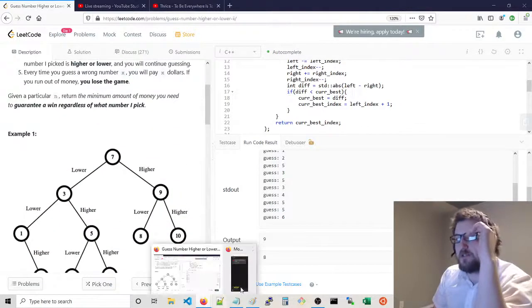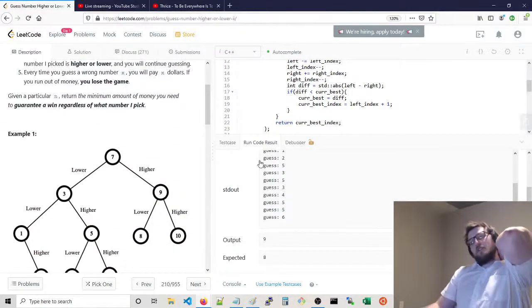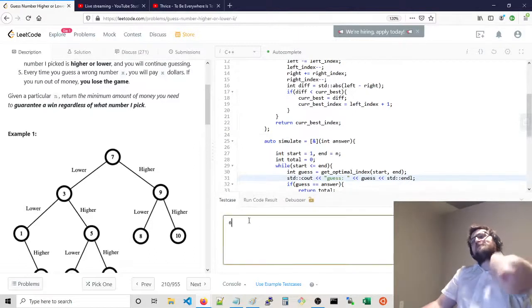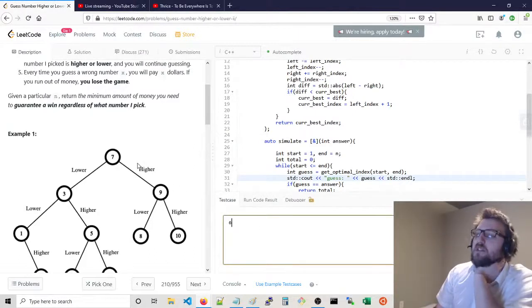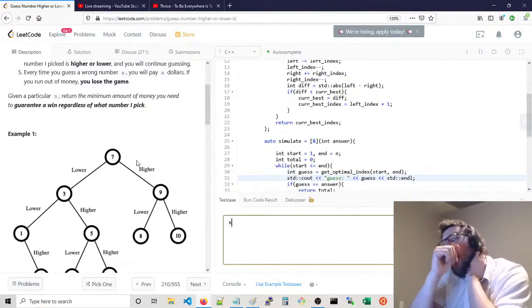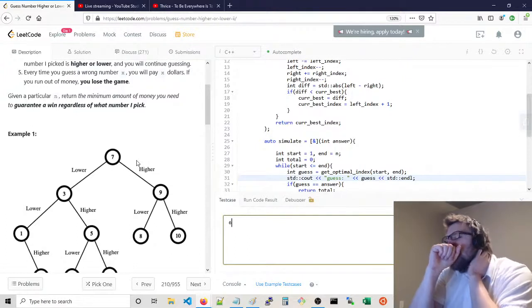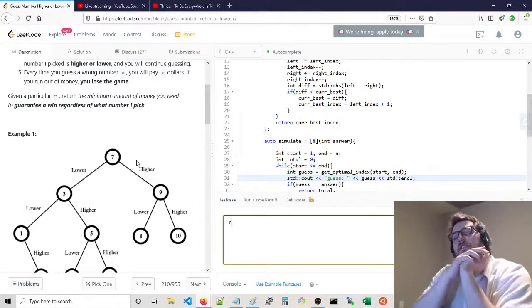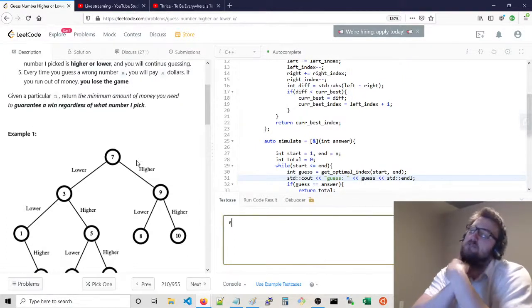Am I crazy, man? Am I just doing this wrong? I think I'm doing this wrong. I don't think this is supposed to be a binary search simulation thing going on here.